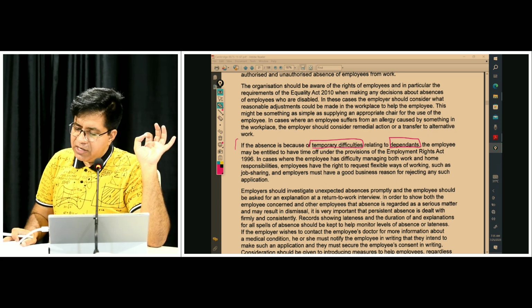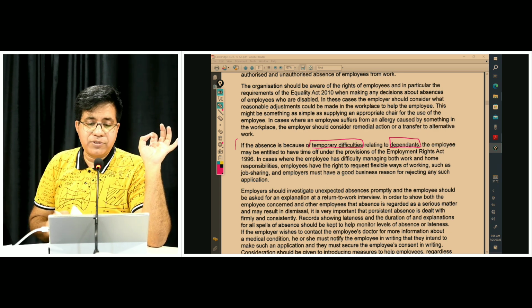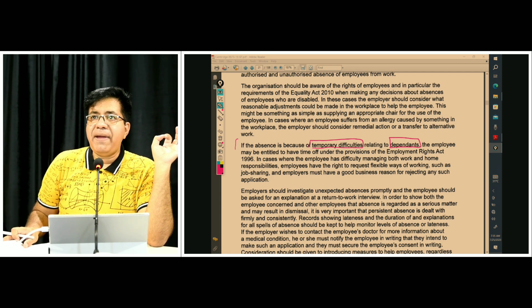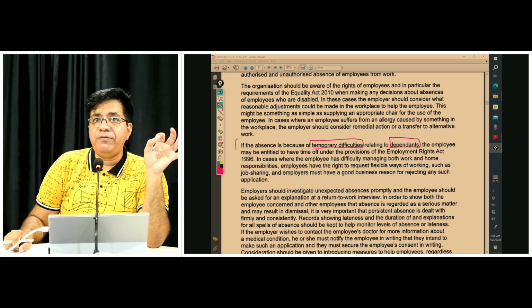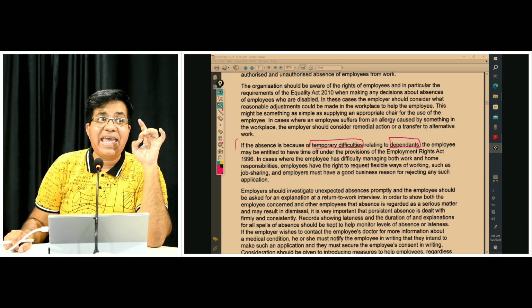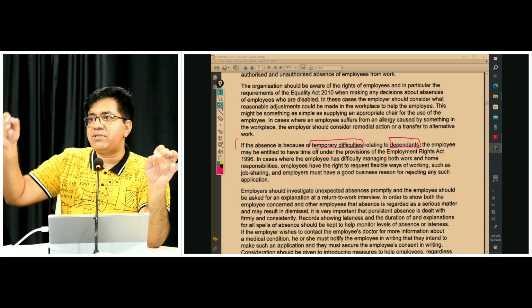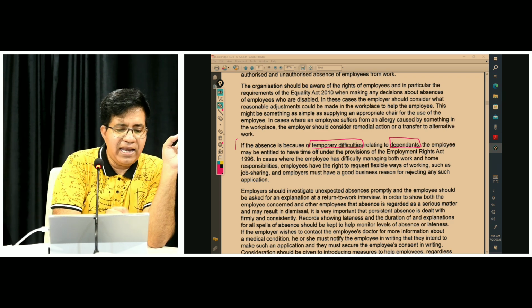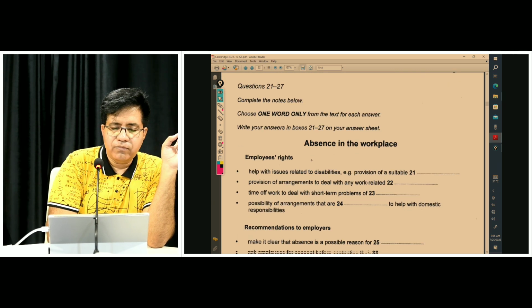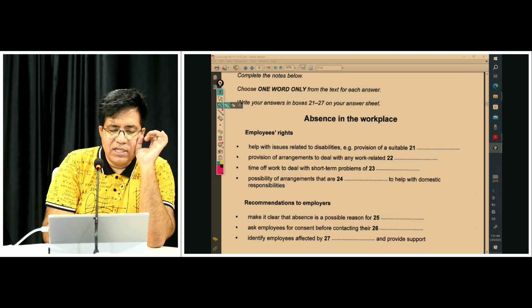And what is the word for difficulties? Problems. And answer is dependents. And when you write the spelling of dependents, be careful, it's with A. D-E-P-E-N-D-A-N-T-S. Sometimes people write D-E-N-T-S. Dependents. So correct answer is dependent.